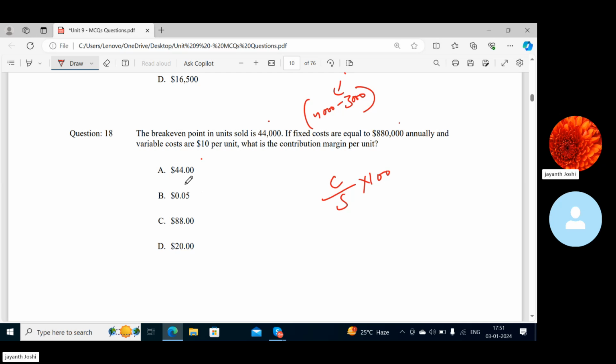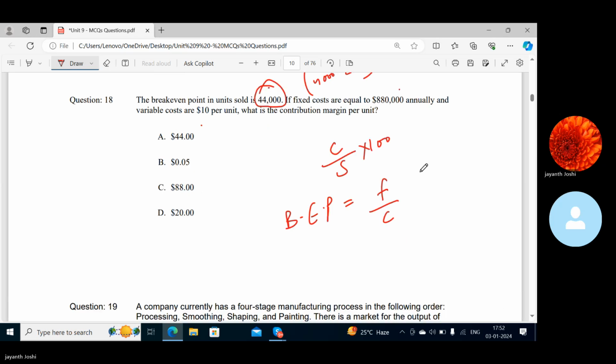So what we can do is we have been given the break-even point. Break-even point is fixed cost by contribution, right? So this kind of thing you need to remember. Break-even point is 44,000. Fixed cost is 8,80,000. So you can divide it.